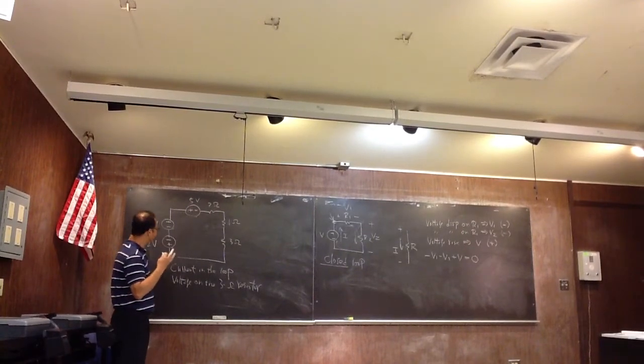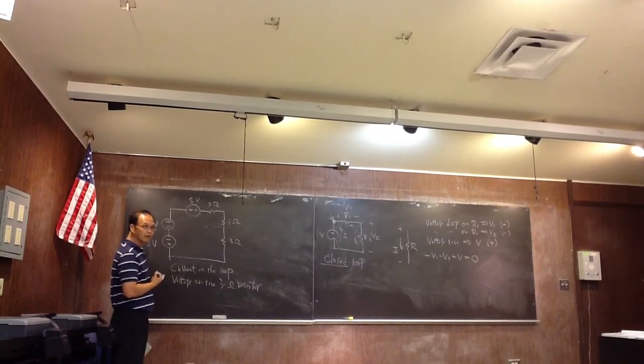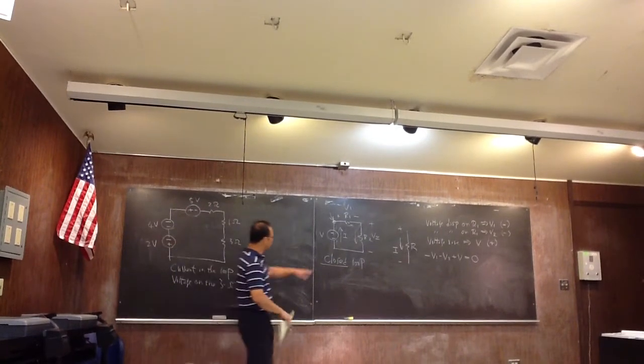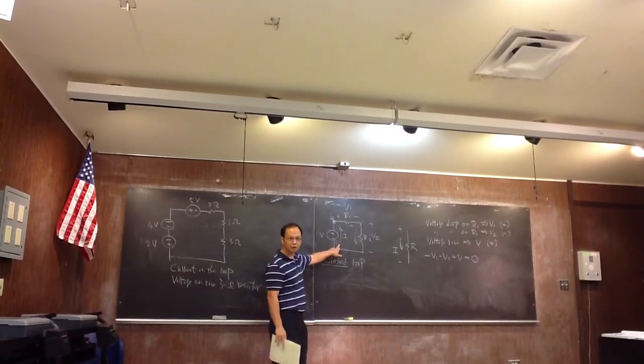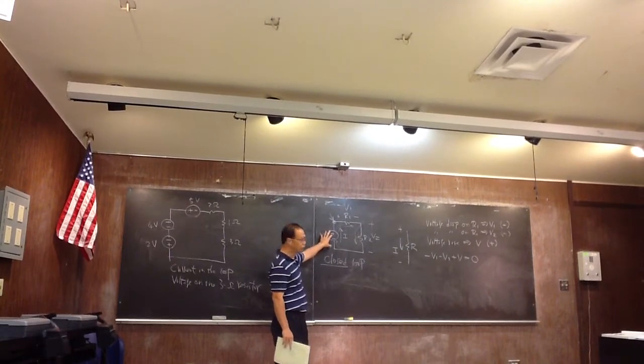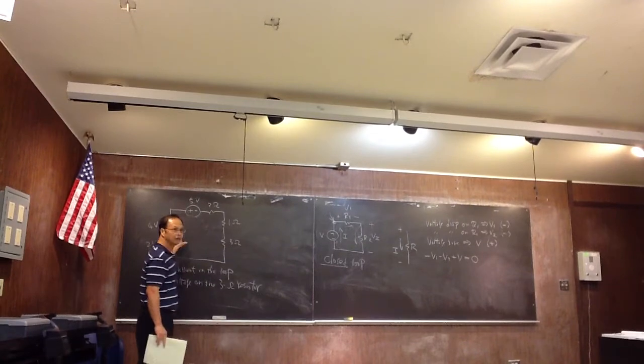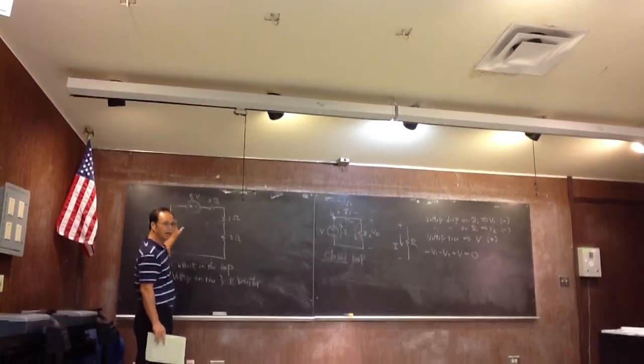Now, do you think I know the direction of the current at this time? No. It's not possible to know the direction of the current. For the previous circuit, it's easy, because you only have 1 voltage source, so current must be going this way. But here you have 3 different voltage sources, so it's not possible.